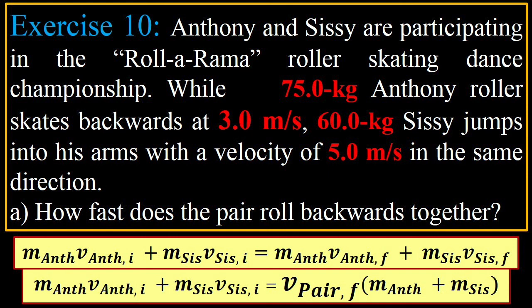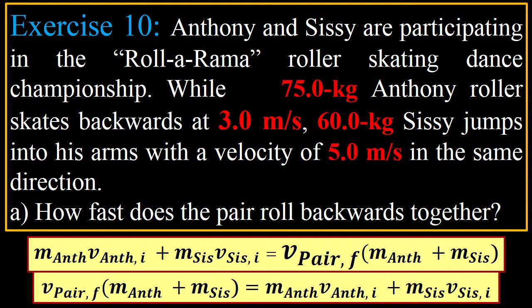And then you want to simply divide both sides by the sum of the masses. So you're going to get the velocity of the pair equals the sum of the initial momenta, plural momenta, singular momentum, divided by the sum of the masses of Anthony and Sissy.